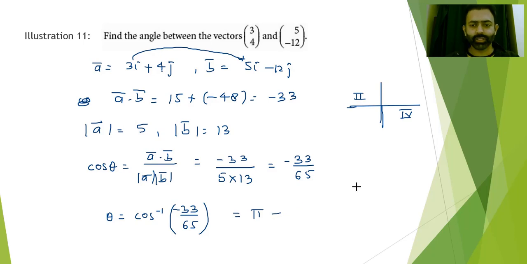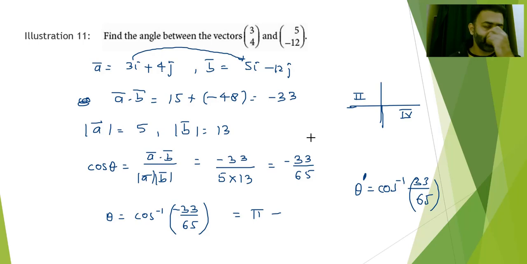I think you have done this in your AS level trigonometry chapter: first find the principal value, let us say this is theta dash. So cos inverse of 33 by 65 will give you some acute angle, but since this is negative, it is either in the second or the third quadrant. As far as the angle between vectors is concerned, it is either obtuse or acute. We do not give a reflex angle. We keep the angles between 0 and 180 degrees.